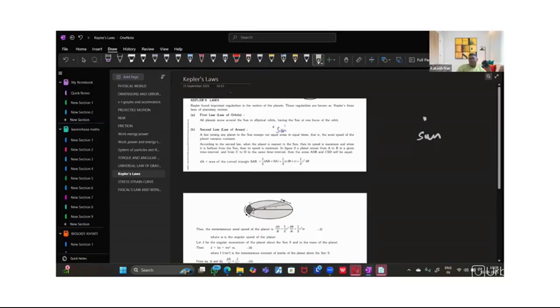Okay, so if this is the sun, these are certain circular orbits along which the planets rotate, and they will all revolve around this particular sun.